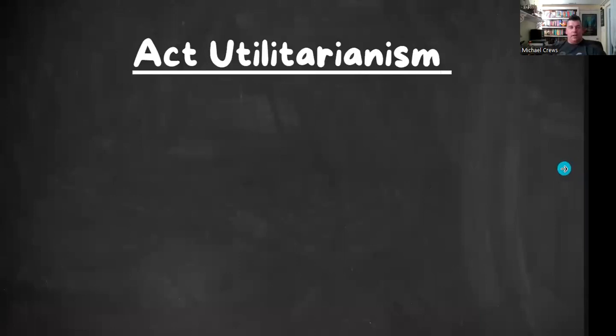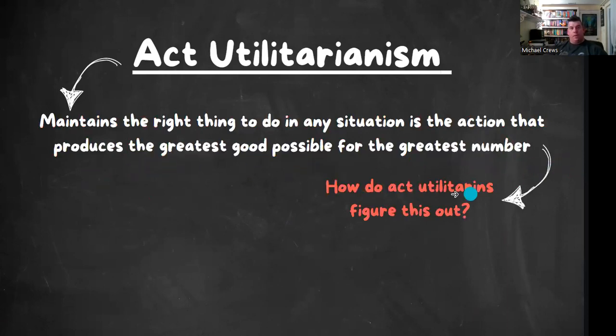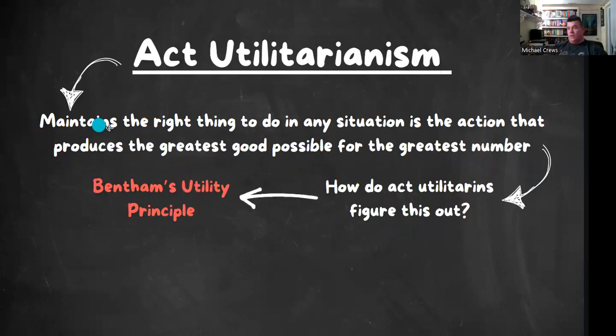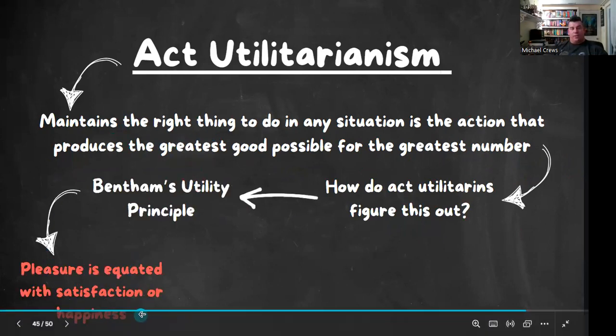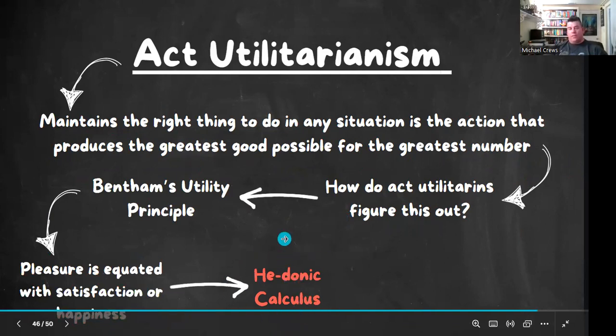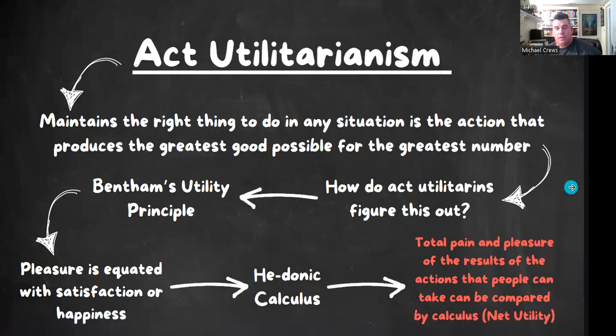So act utilitarianism maintains that the right thing to do in any situation is the action that produces the greatest good for the greatest number. Now, how do act utilitarians figure this out? They use Bentham's utility principle we were just talking about. Pleasure is equated with satisfaction or happiness. We call that the hedonic calculus. The total pain and pleasure of the results of the actions people can take can be compared by a calculus. This is that net utility.